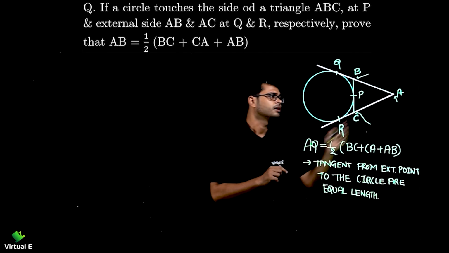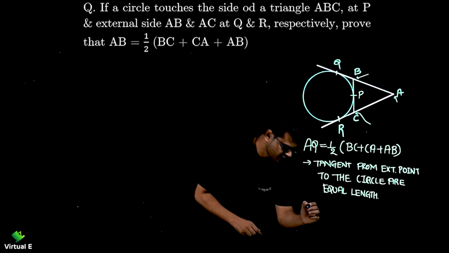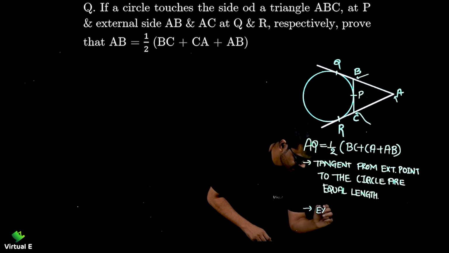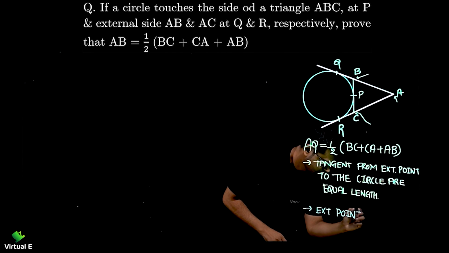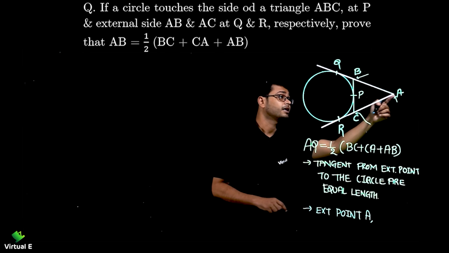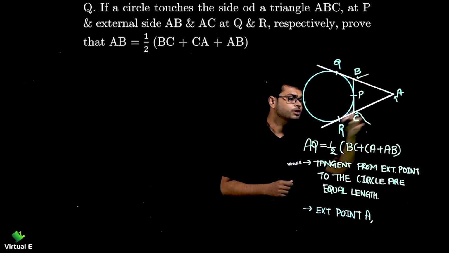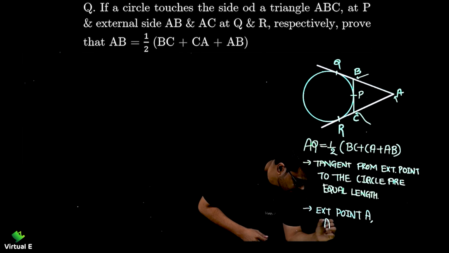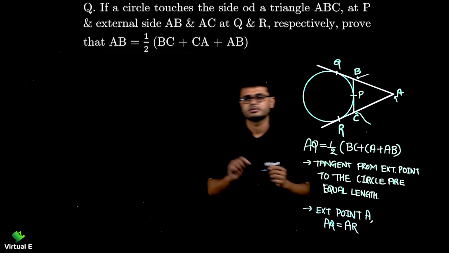First of all, let's start. The external point is A. So for external point A, what can I write? AP, AQ. Let's start with AQ. AQ is equal to AR. Simple.